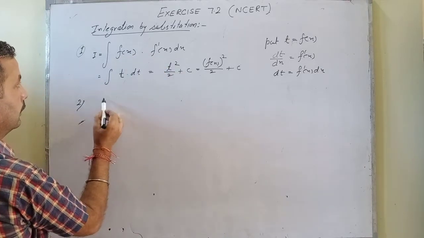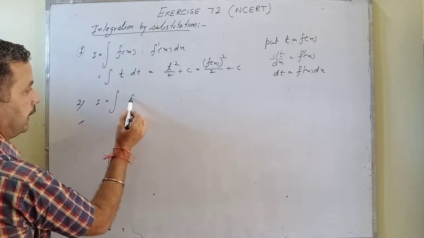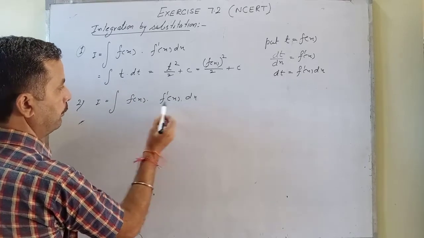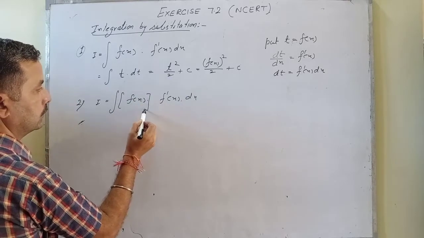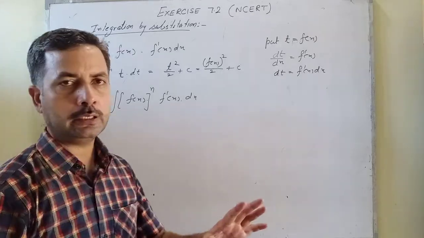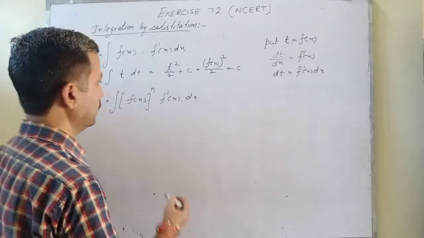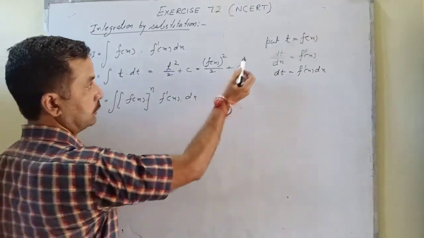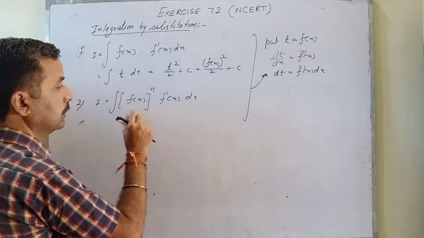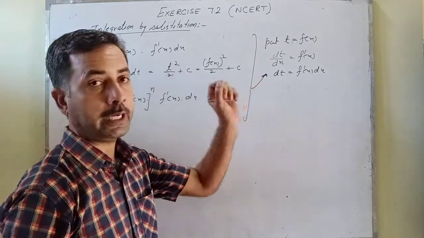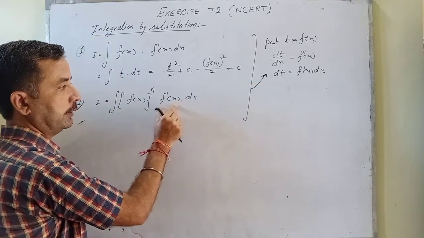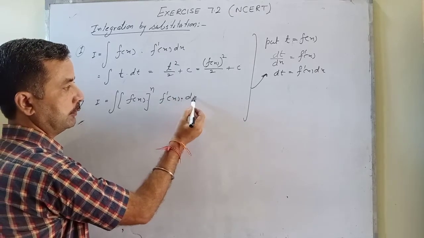In the second one, the integral is given like this: f(x) with its derivative f dash x, and here a power of f(x) is given, let's suppose the power is n. This n is any real number, negative, positive, fractional. In that case also we put the same substitution, t equal to f(x), because we substitute t only for that function whose derivative exists in the integrand, and that derivative must be in multiplication with dx.